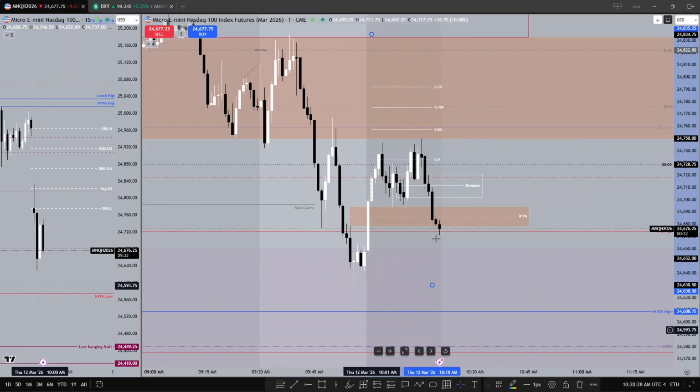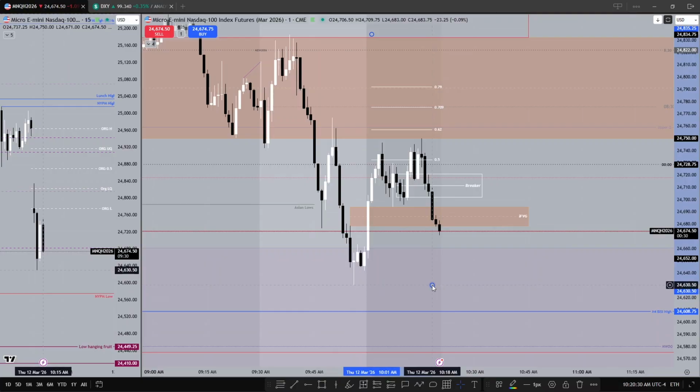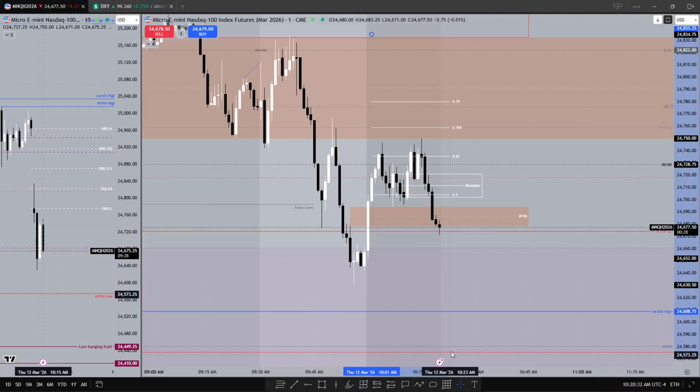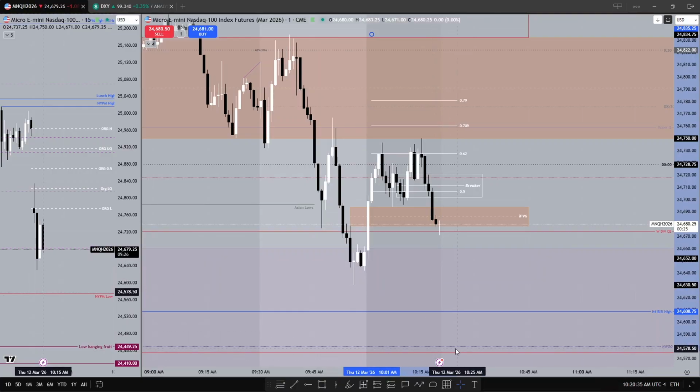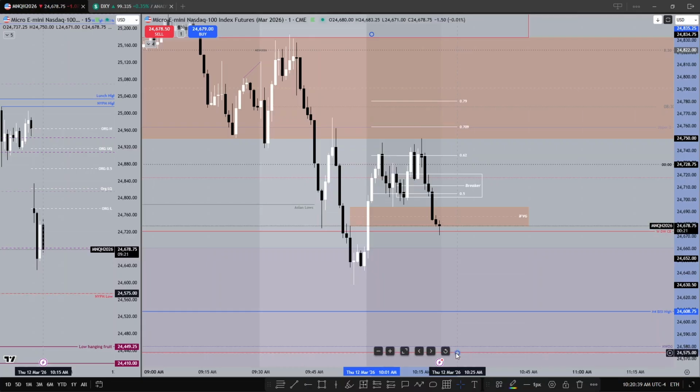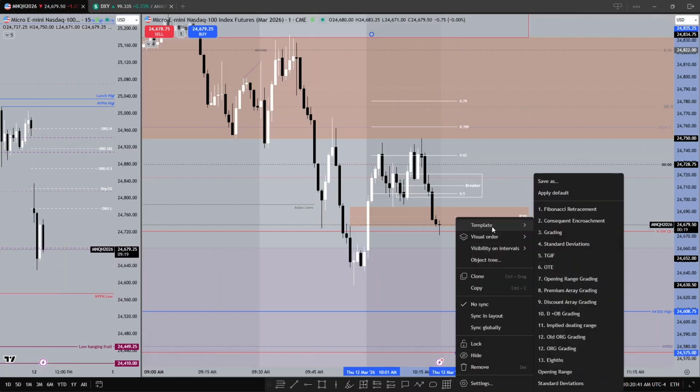I'm looking at the implied daily range now from that high to this low. That's to the target. My target is the New York PM highs, of course. So implied daily range looks like this.